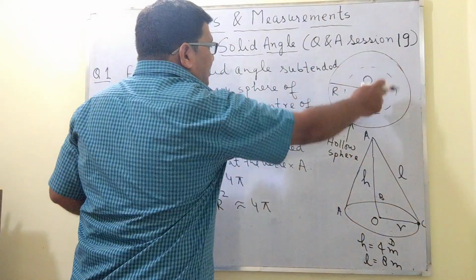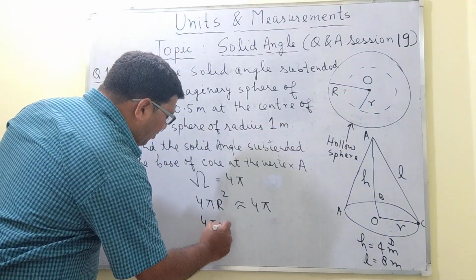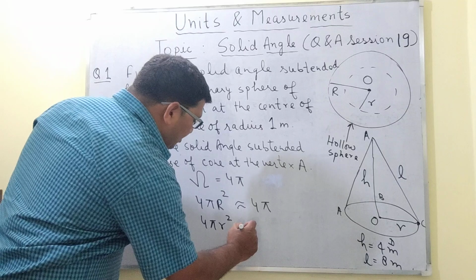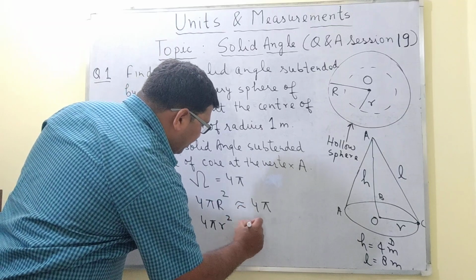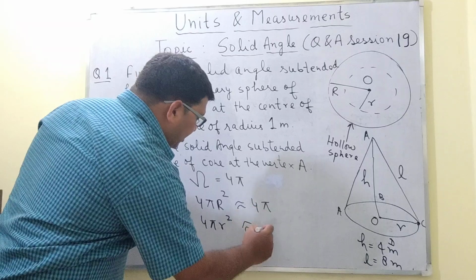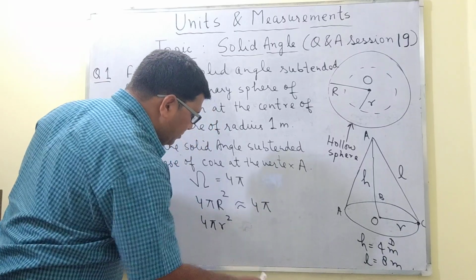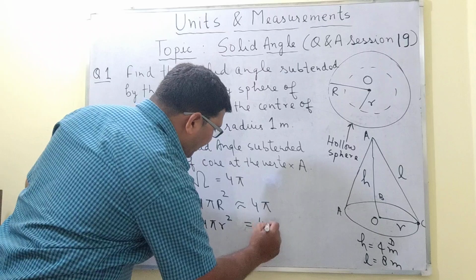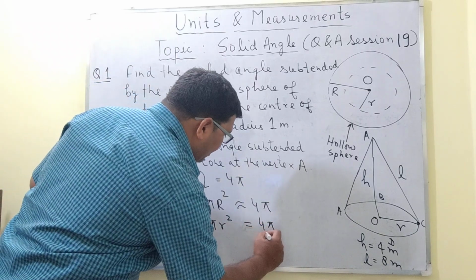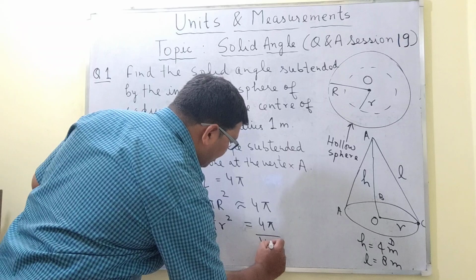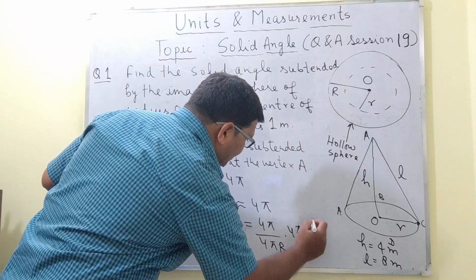So the imaginary sphere which has got a surface area of 4 pi small r square will subtend the solid angle which will be equal to 4 pi divided by 4 pi r square into 4 pi small r square.